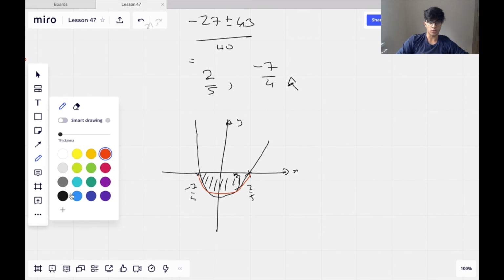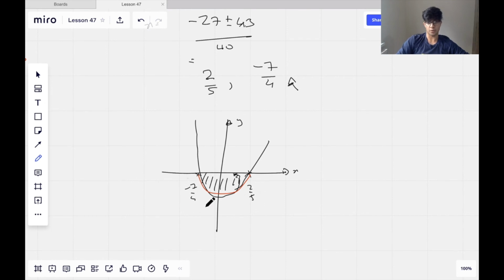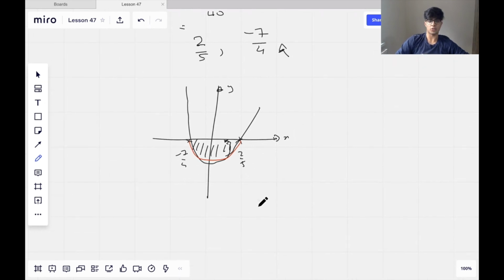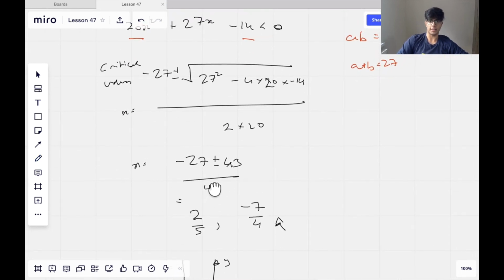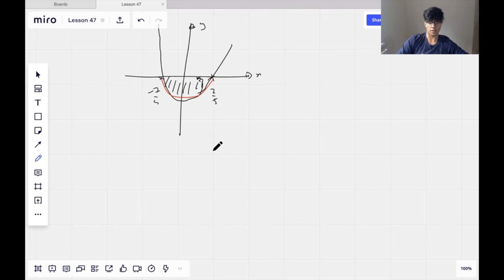So x is going to have to be less than 2 over 5, but greater than minus 7 over 4. And it's not less than or equal to, because we had a less than sign here. So x is greater than minus 7 over 4 but less than 2 over 5. And that's our answer.